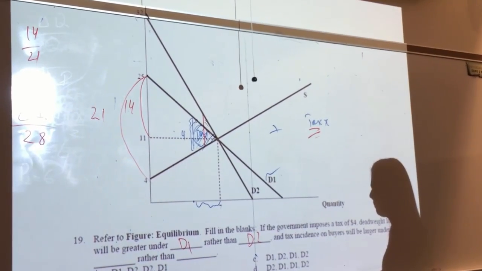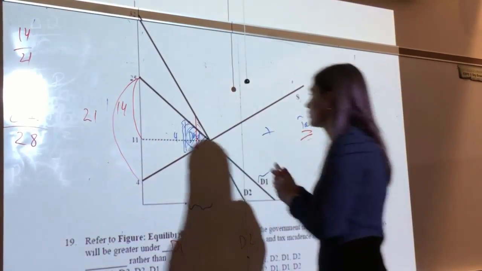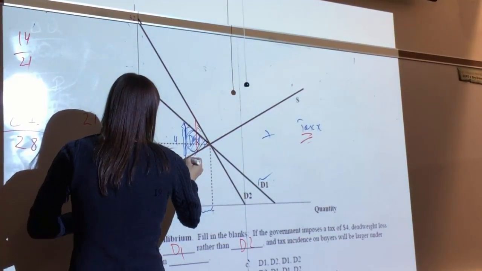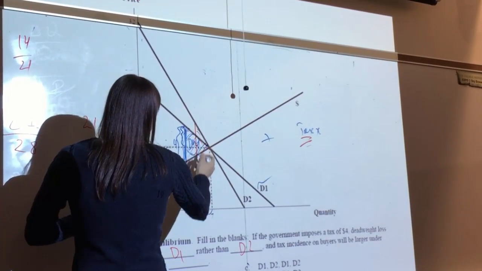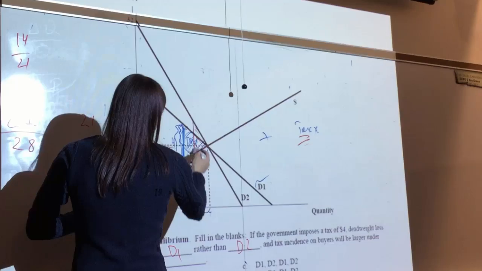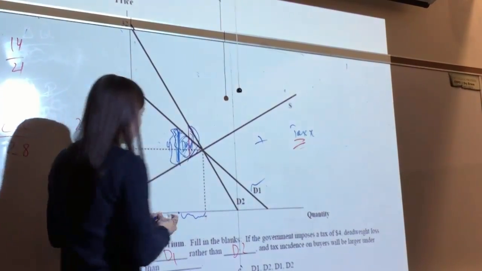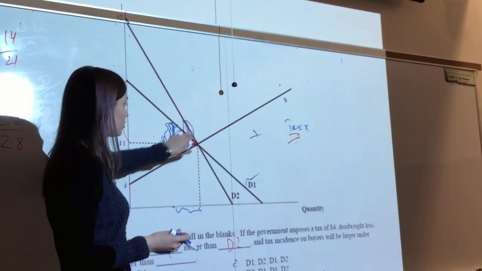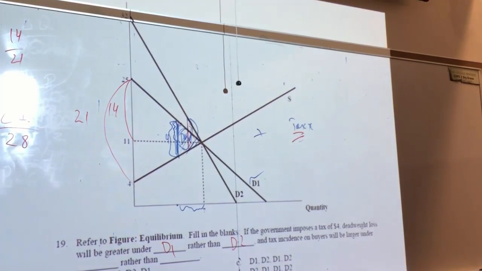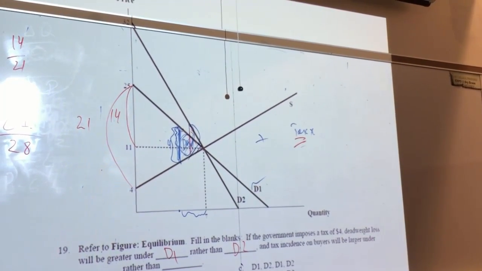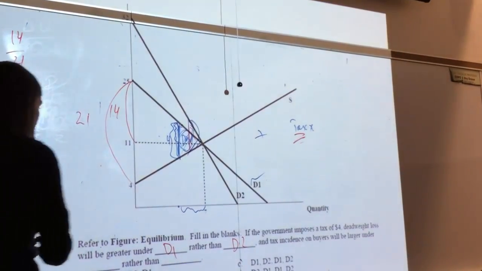You can also see that here. Your tax incidence on buyers would be that over that, and tax incidence on buyers would be this whole side over that whole side. So the fraction here is much smaller than the fraction there. So the second one, tax incidence on buyers will be larger under D2 rather than D1.